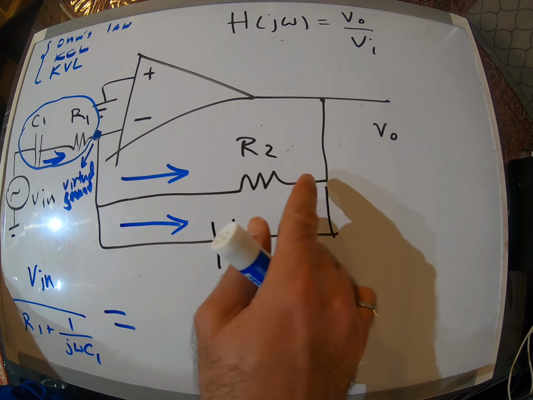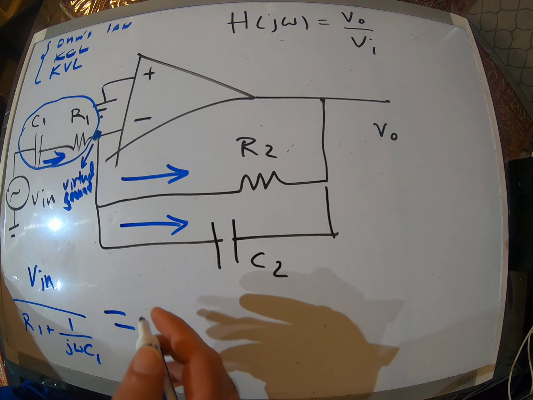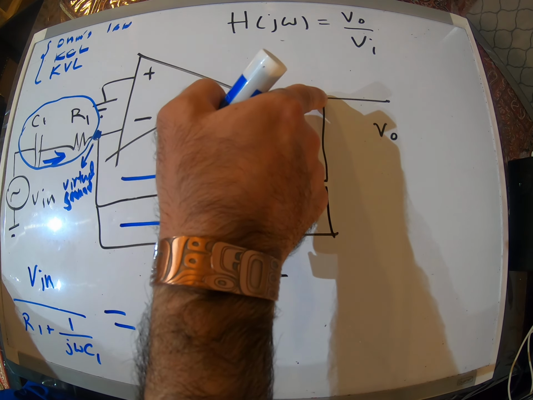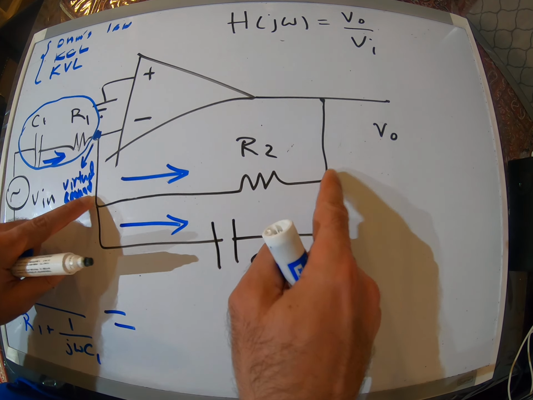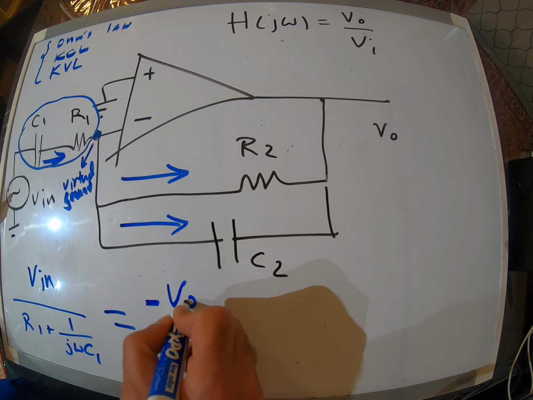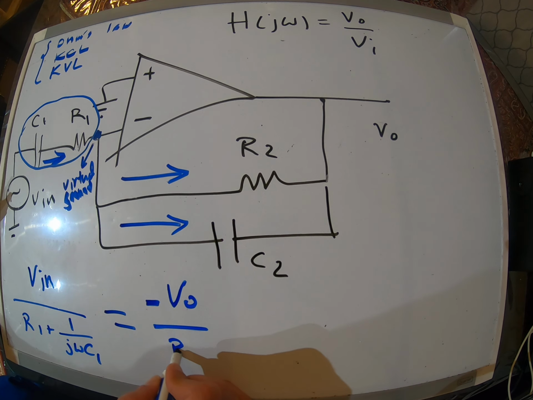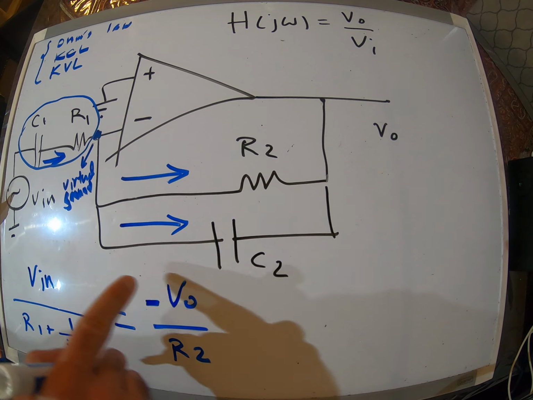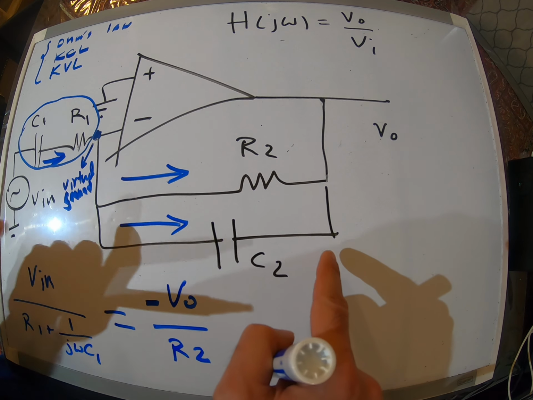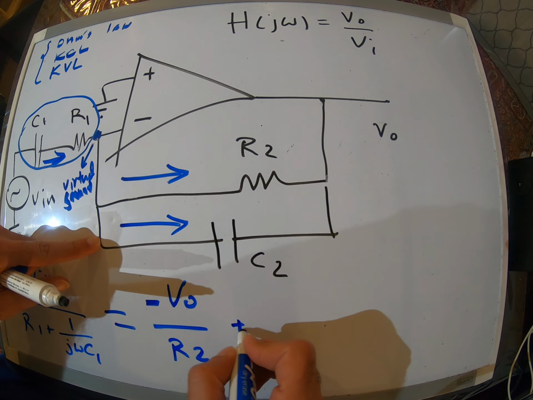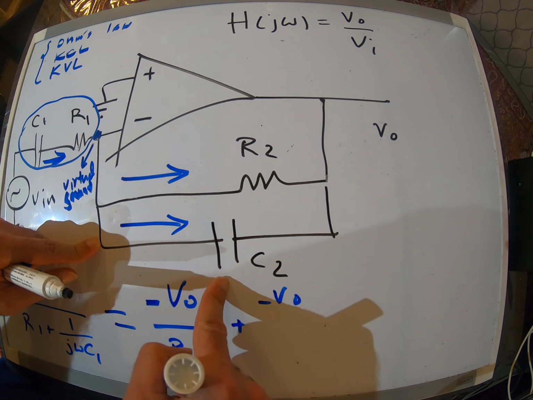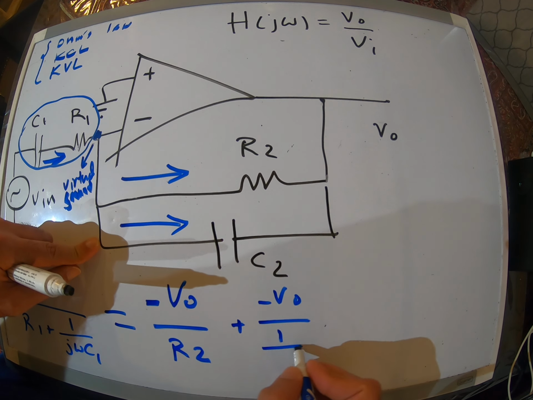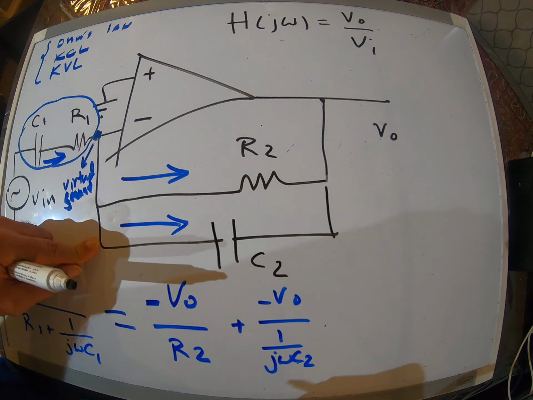What's the current that goes through R2? It's going to be 0 minus VO, that's the voltage across R2, so negative VO divided by R2, plus negative VO divided by the impedance of this one, which is 1 over j omega C2.